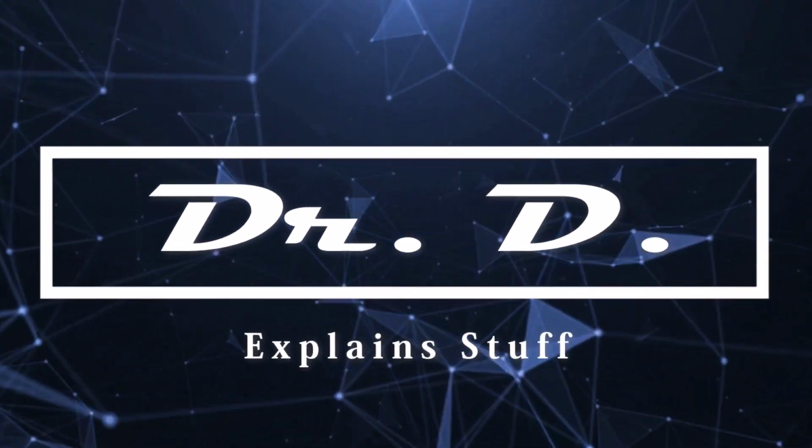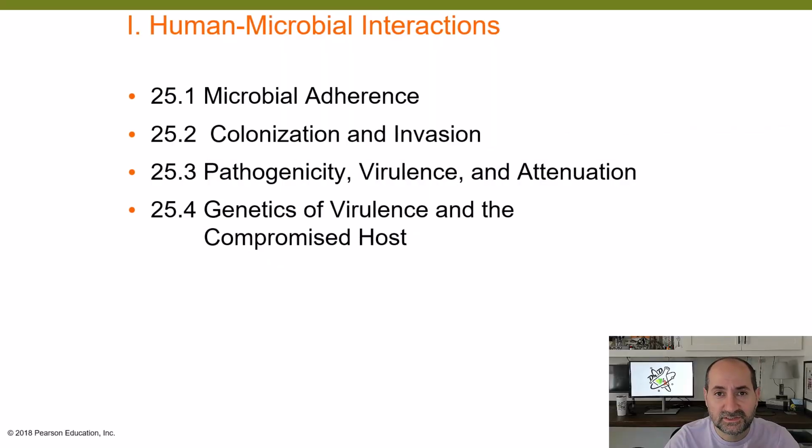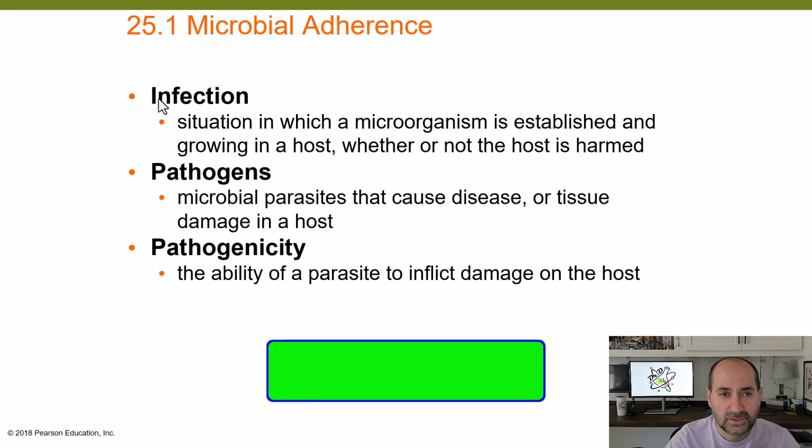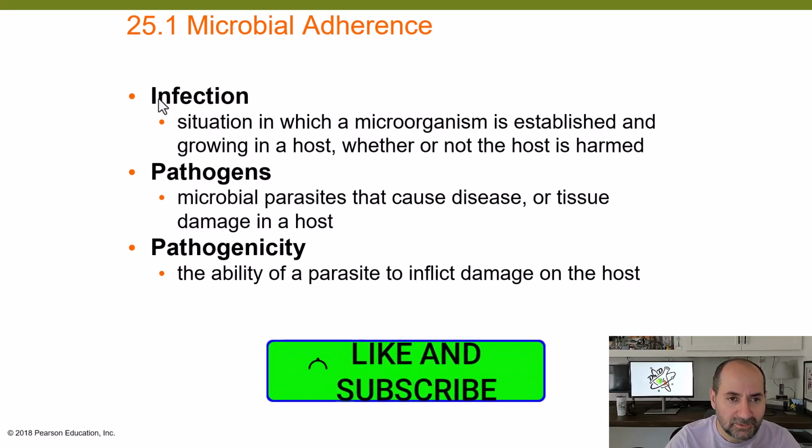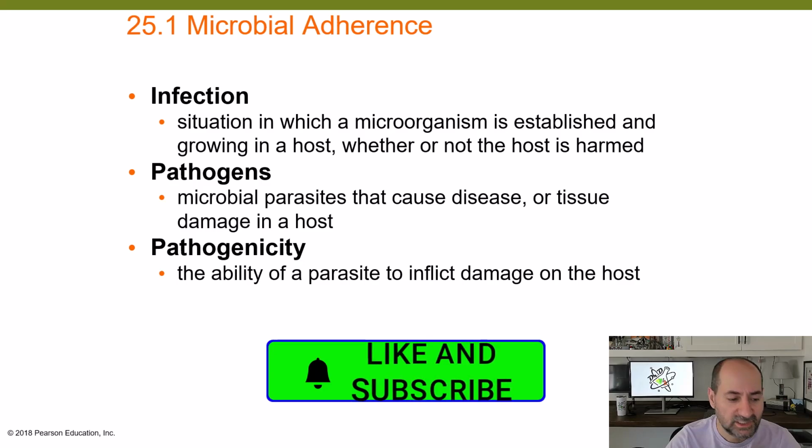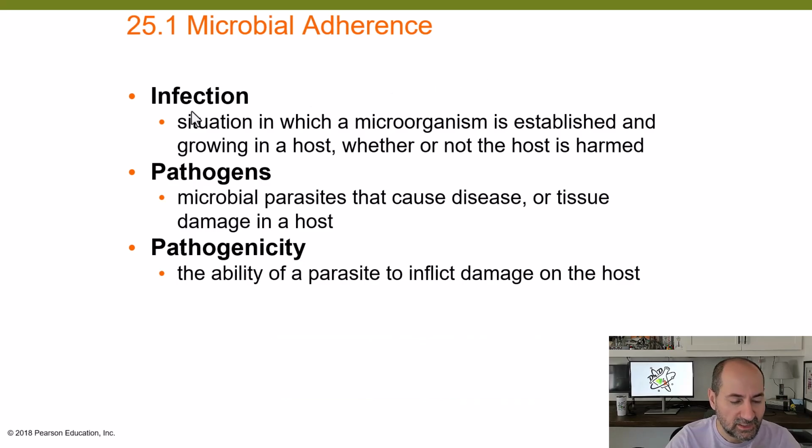In the first section of this chapter, we'll be talking about human microbial interactions, starting with some vocabulary that we need to be familiar with, such as infection. An infection is a situation in which a microorganism is established and growing within a host, whether or not the host is harmed.